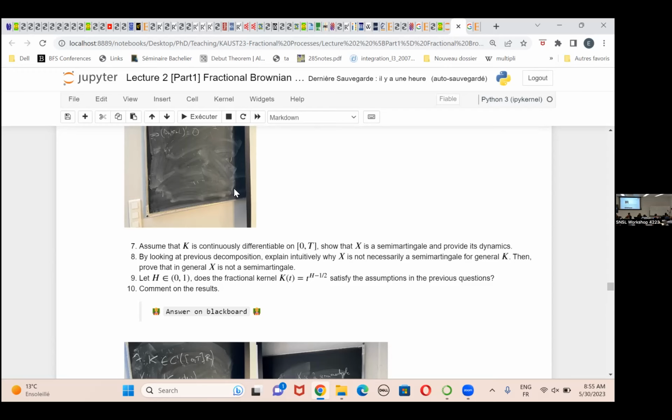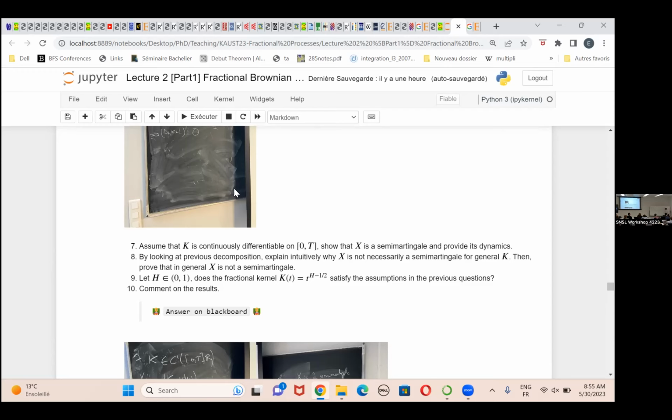So essentially the non-Markovianity, if it exists, you feel it in the drift, for these processes, if K is in C1.